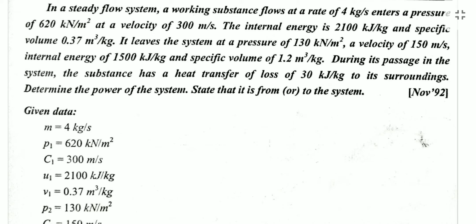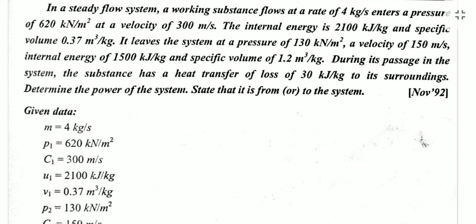Kilogram per second means mass per second. For 1 second, 4 kilogram of the substance is flowing. This is mass flow rate, isn't it? So the symbol we use is m. So mass flow rate is given in the question.